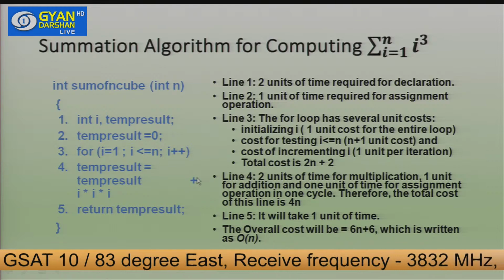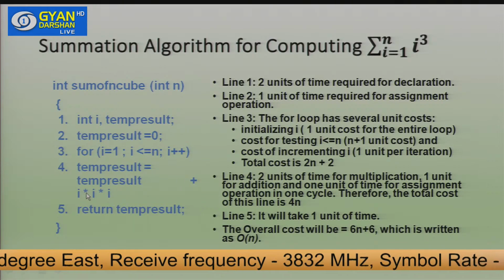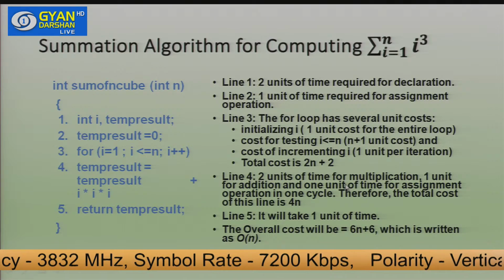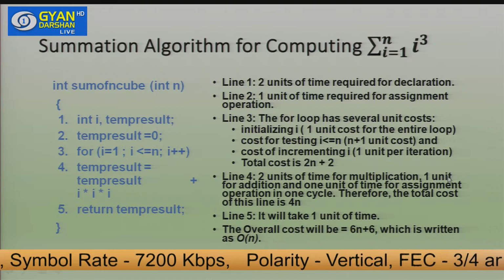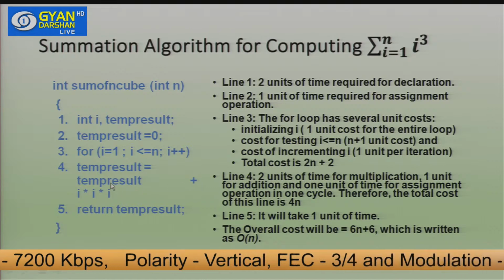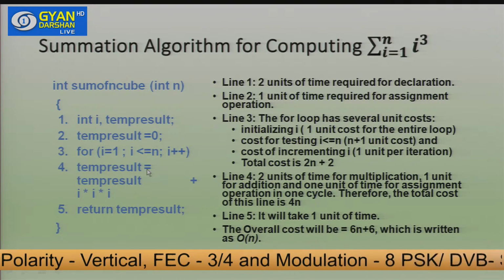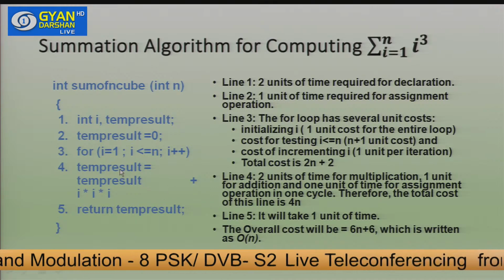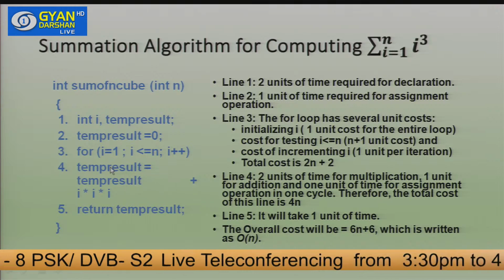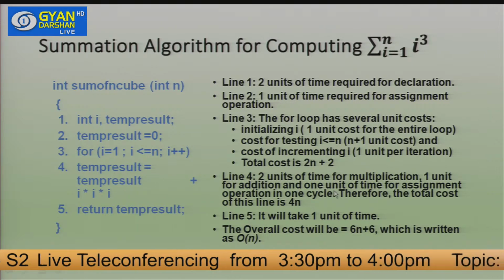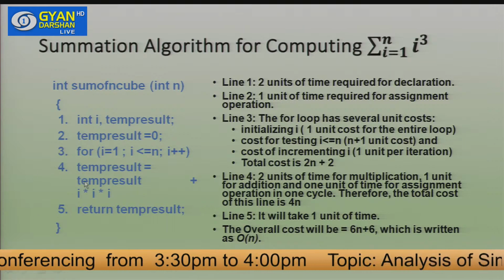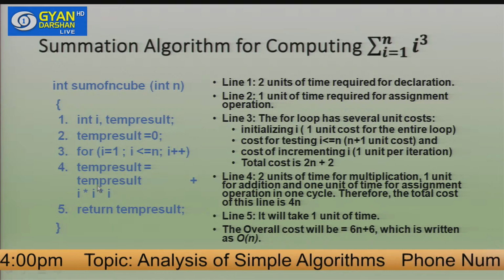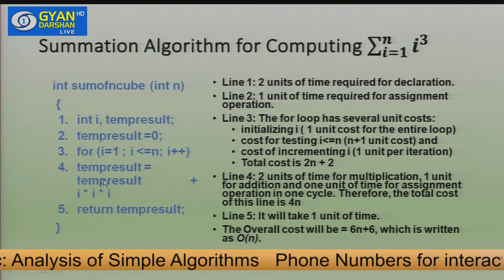There are 2 multiplications: first we multiply I with I, and then this I square is multiplied with I. Then 1 unit of addition, adding to temp result, and 1 unit for the assignment operation, assigning this value to the original temp result. Therefore, the total cost of this step is 4 times n, because this instruction is executed n times.